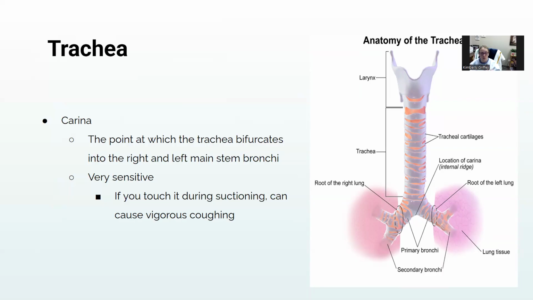So that's the point where the left and right main stem bronchus bifurcate. So it's very, very sensitive. Also, when you're placing an NG tube, if they start to cough and turn red and cough very hard, this is also a sign that you may be in the trachea and not necessarily in the GI tract.